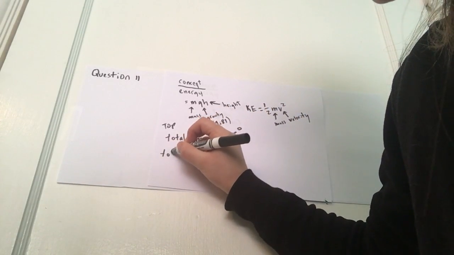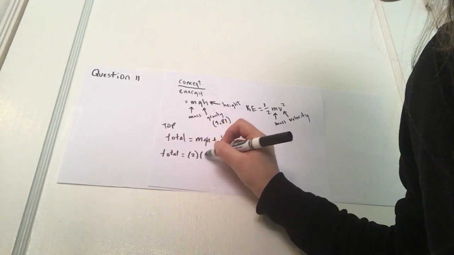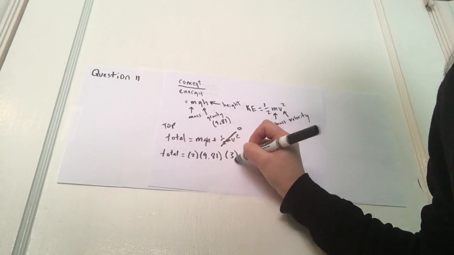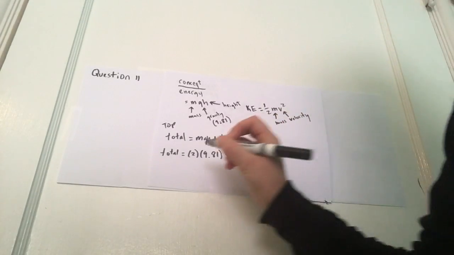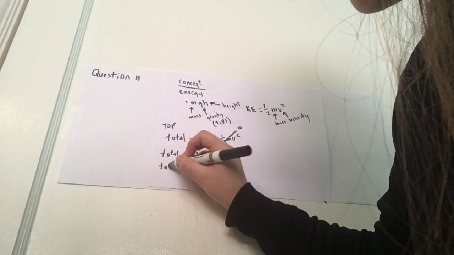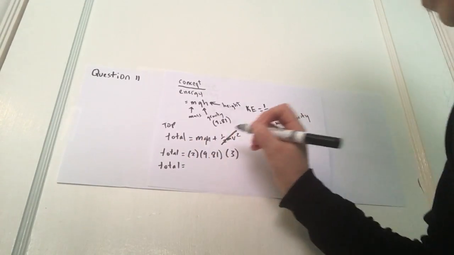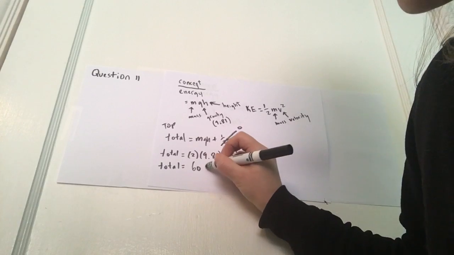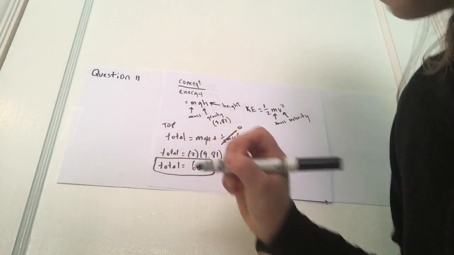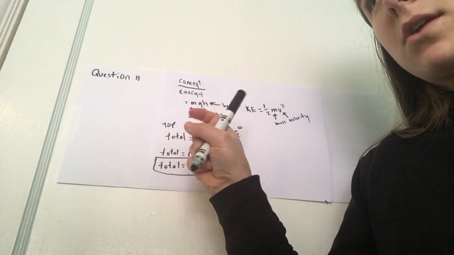Then the total energy at the top is going to be the mass, 2 kilograms, times 9.81, times the height, 3 meters, because that's at the top. If we do that, we get total is equal to 60, and I already did the math. So 60 joules.